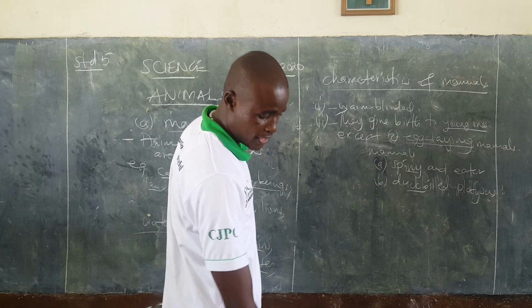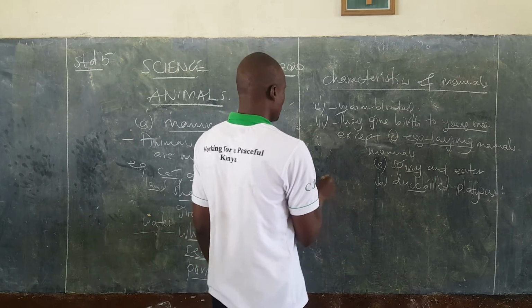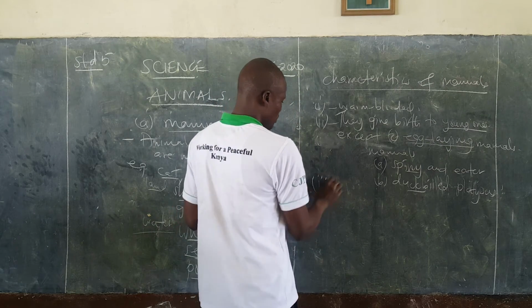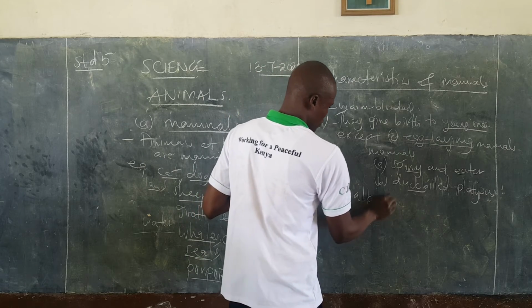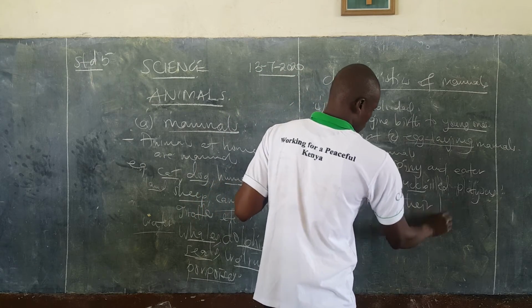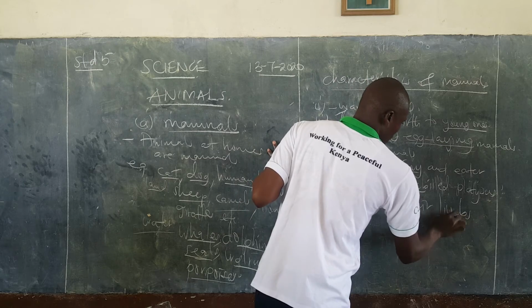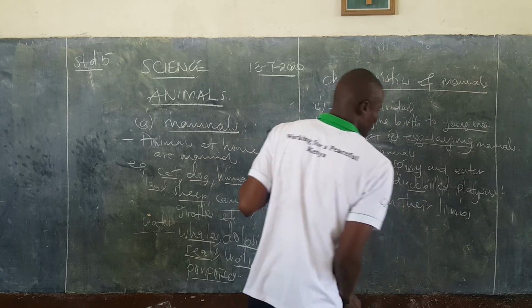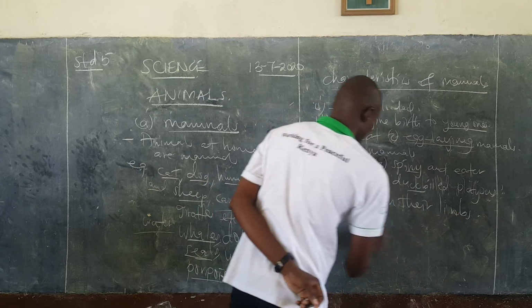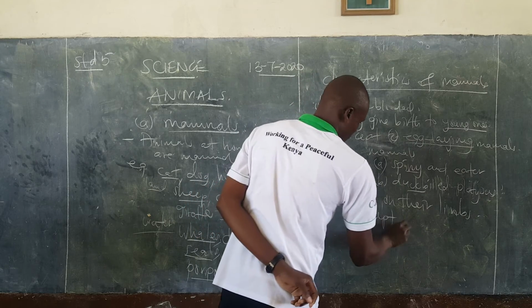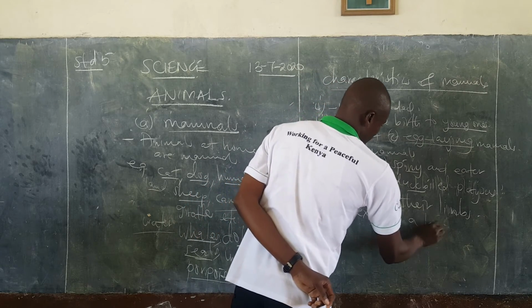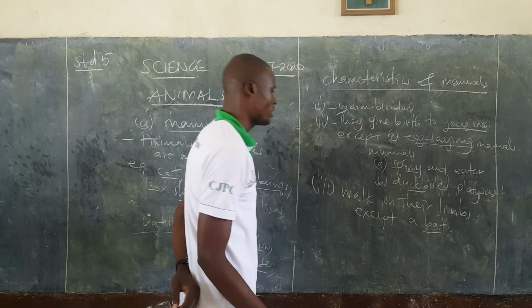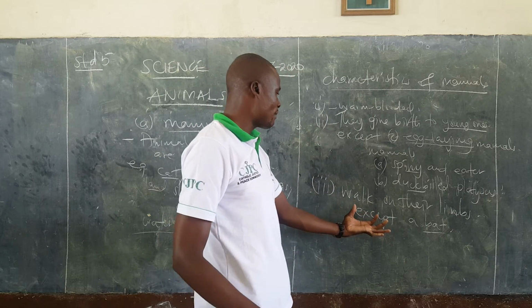Then number three, they walk on their limbs. None of them flies except a bat. So a bat becomes a very good example of a flying mammal.